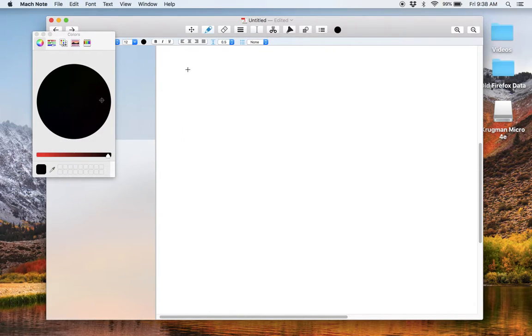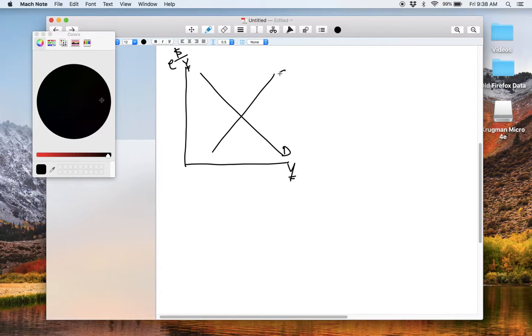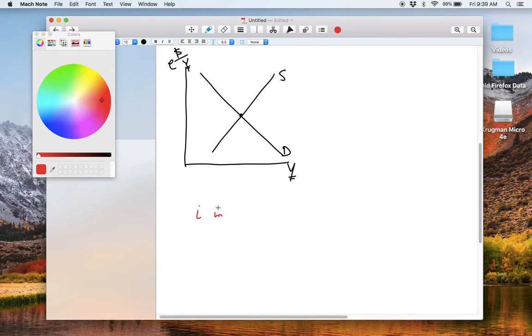Okay. Suppose we're still in Japan. And so we have the yen. And the exchange rate is dollars per yen. Okay? Here's the demand. Here's the supply of yen. Okay? If the interest rate in Japan increases relative to the rest of the world, Japanese people are not going to want to leave Japan.